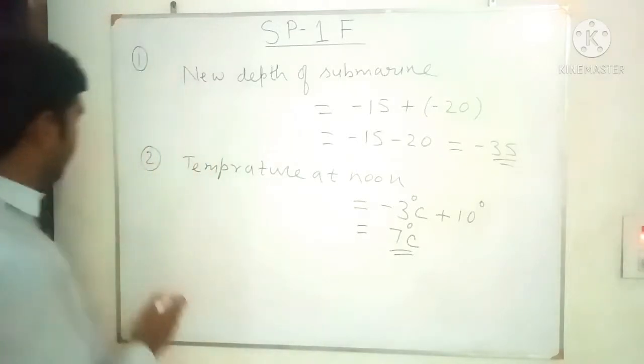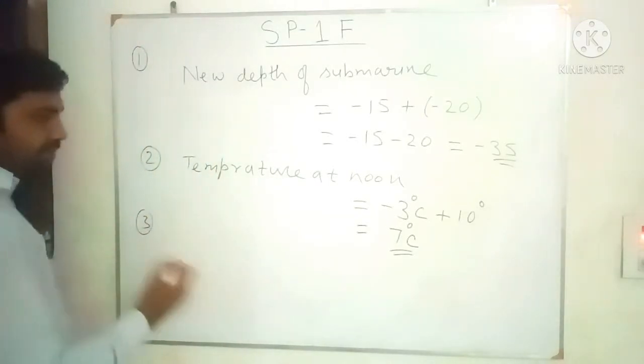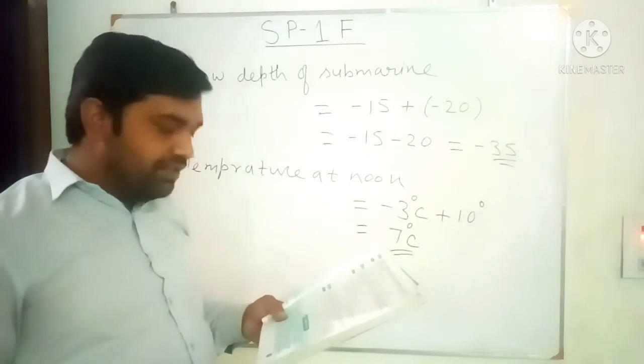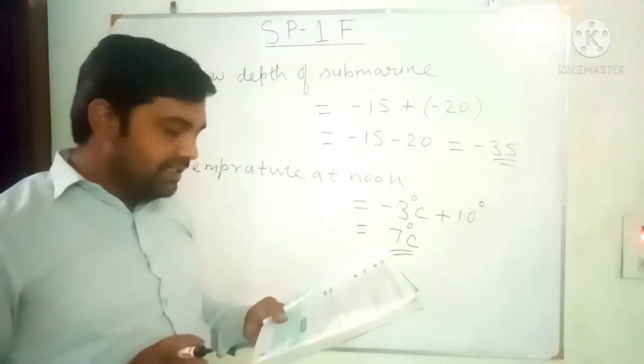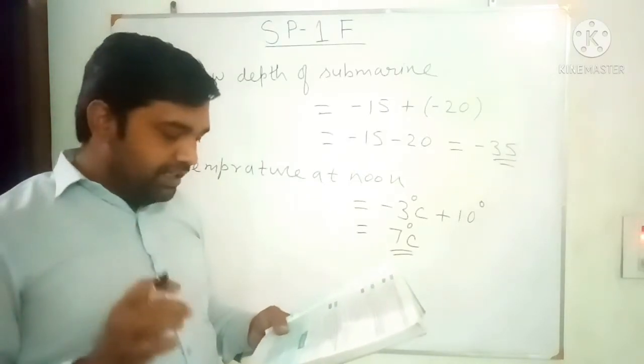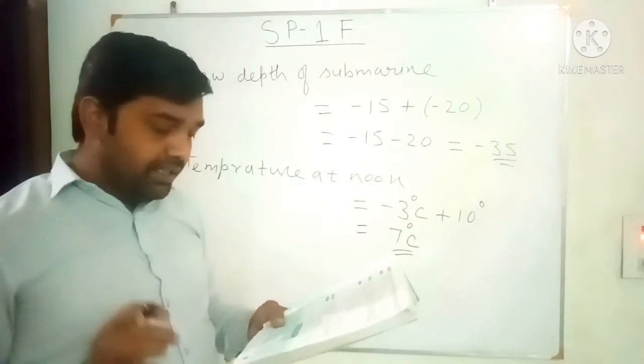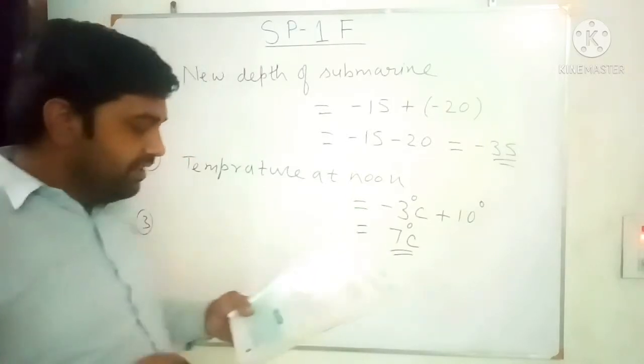Now we move to question number 3. I will just explain it, and you will do it on your own. The daytime temperature on Mercury can reach 430 degrees Celsius. Night temperature can drop to minus 180 degrees Celsius.